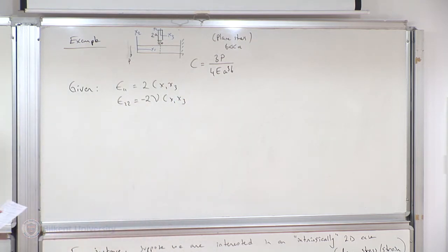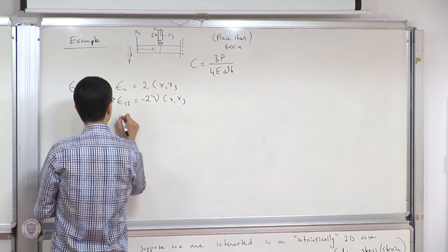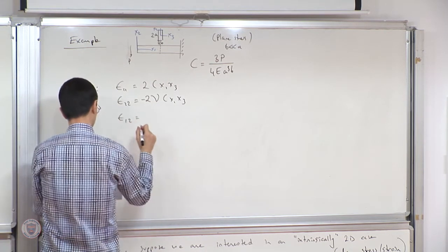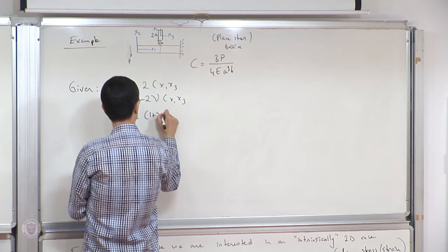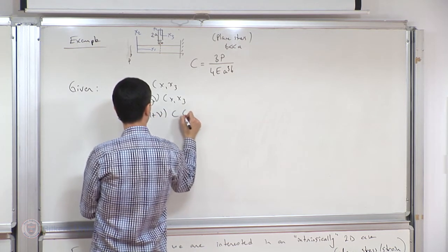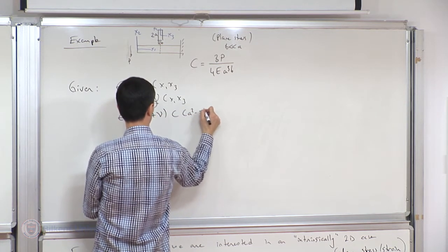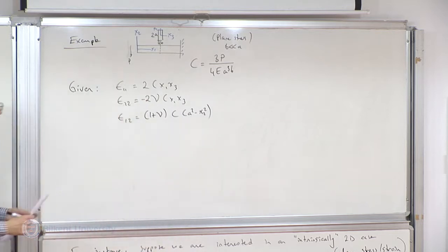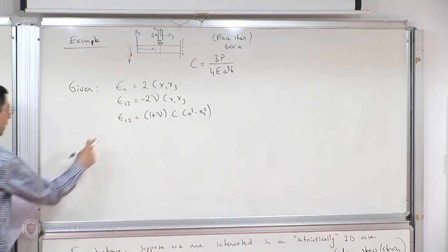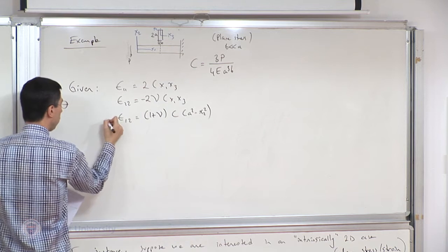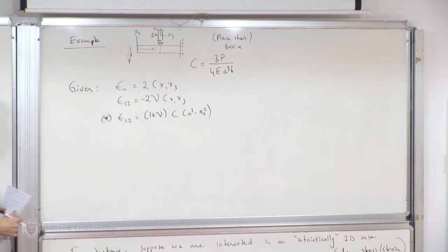For us, it's just a constant. And then we have epsilon 1,2. Okay. So these are the components of the strain. The last one, let me call star. Eventually, I will need this equation once again. So I know what the components of this strain are.